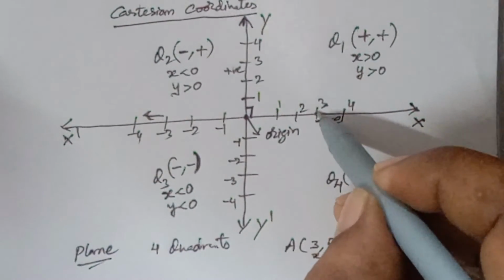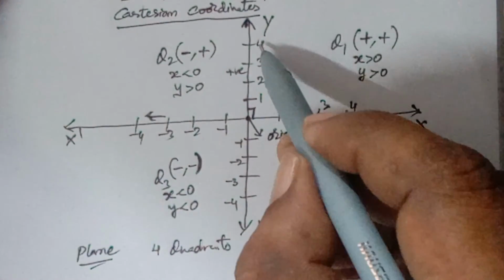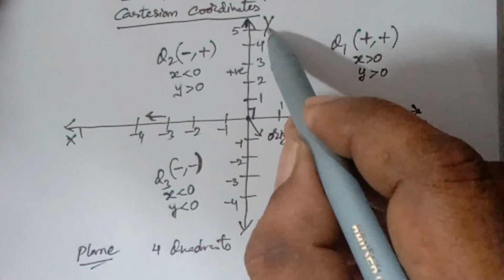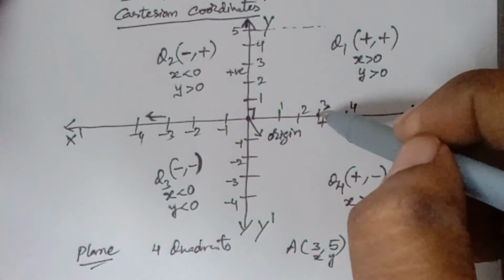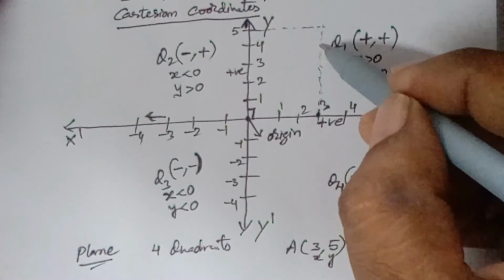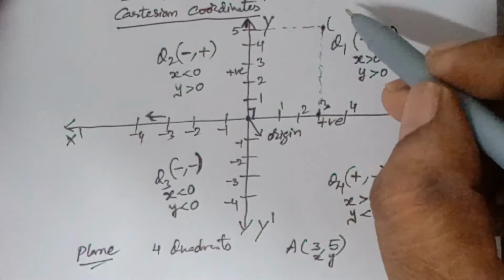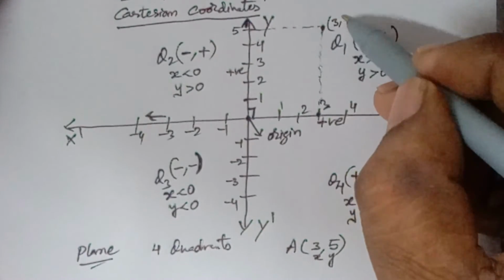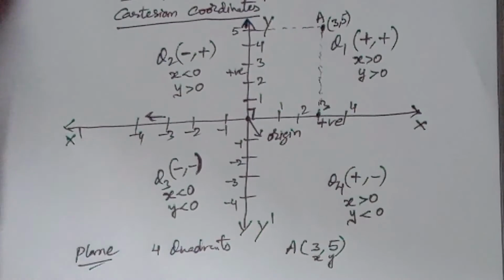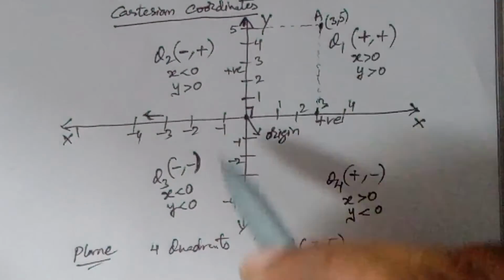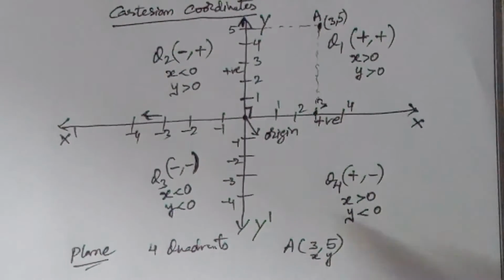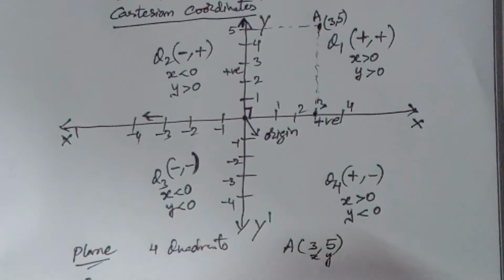On the x-axis you take 3, on the y-axis you take 5, and both lines join at this point. We call it (3, 5). This is the point A. Like this you plot every point on the 4 quadrants.